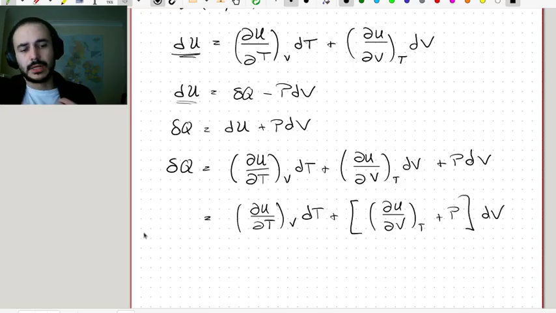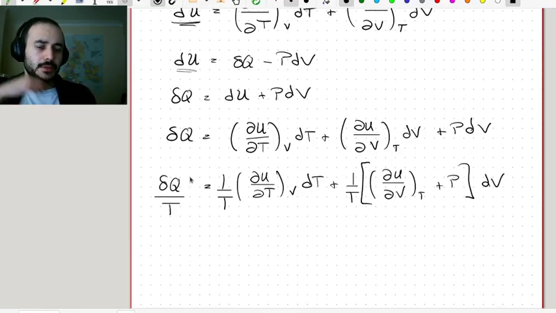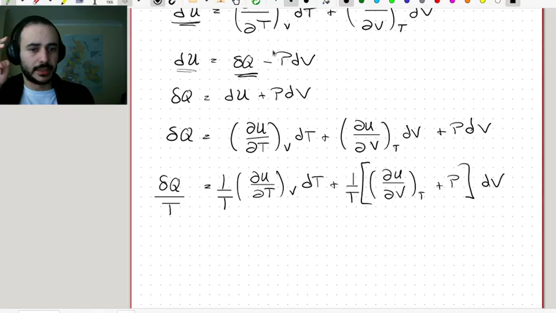Now let's divide by temperature on both sides. I will divide by T, so I get 1 over T here, and also 1 over T there. Always keep in mind that, because I wrote the work like that, this heat is reversible.